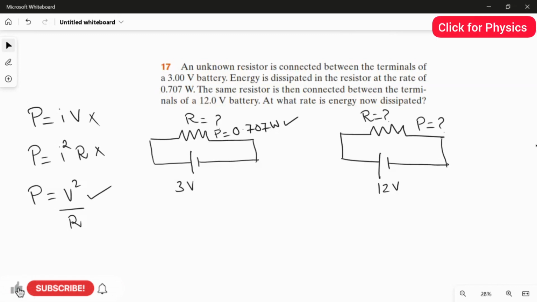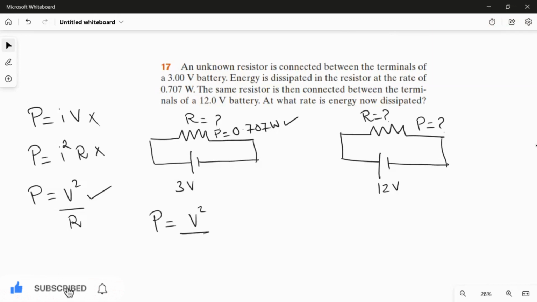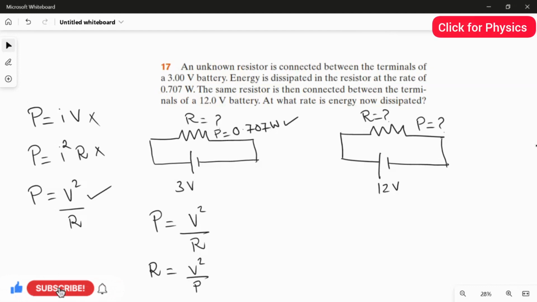So power P is equal to V squared over R. Here, first we are going to find the value of the unknown resistor, so I have to rearrange this equation in terms of resistance. Therefore, resistance R is equal to V squared over power.